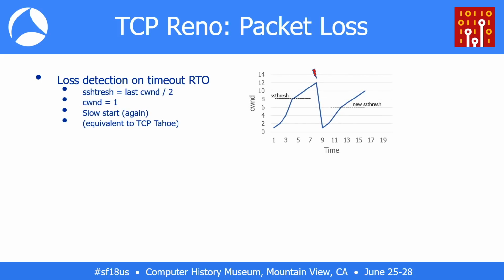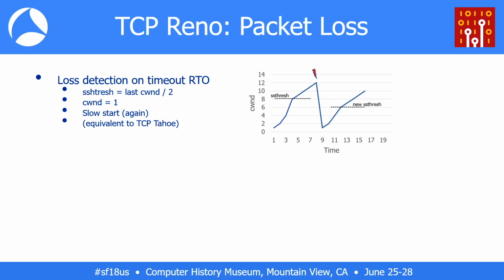So let's assume we had a congestion window of 12 times MSS, and then all of a sudden we hit packet loss, a retransmission timeout. What TCP Reno does in this case is reduce the congestion window back to 1 times MSS. So you're back to the very basics again, to a very low level. Then I go into the slow start process again until I hit the new slow start threshold.